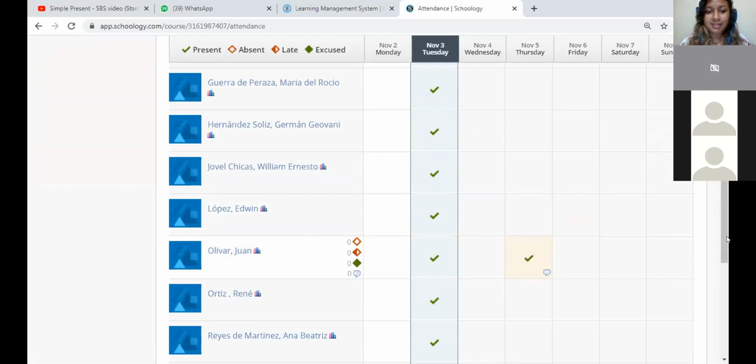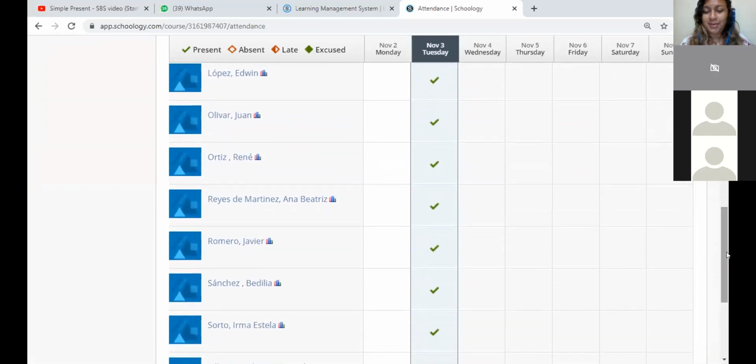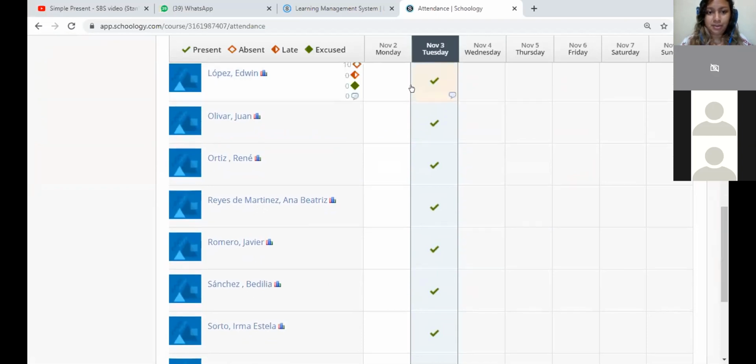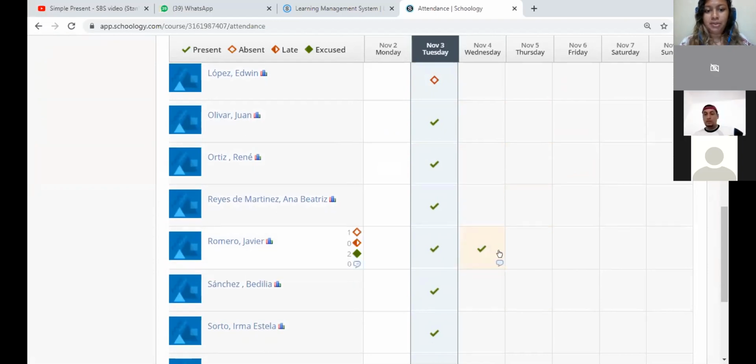Edwin López. Juan Olivar. Here. René Ortiz. Ana Beatriz Reyes. Javier Romero.